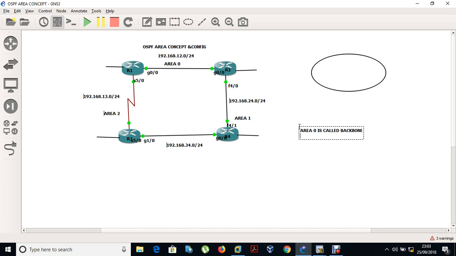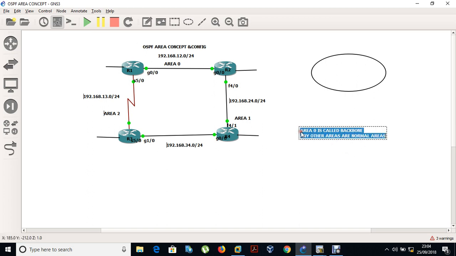Any other areas are normal areas, whether they are area 1, area 2, whatever name you give them.